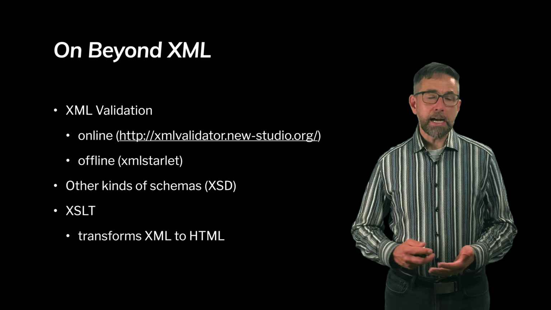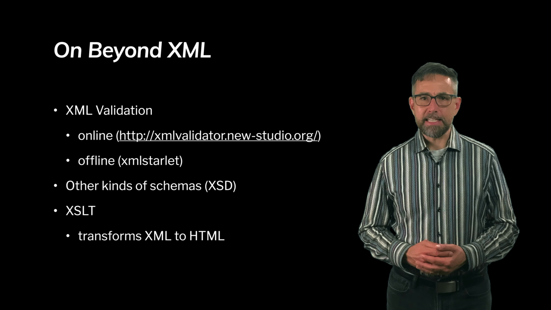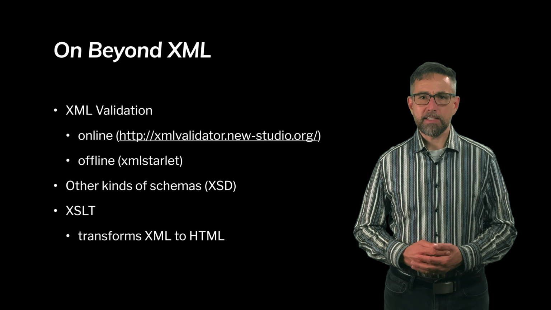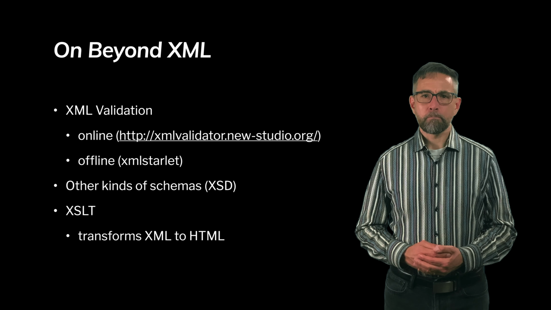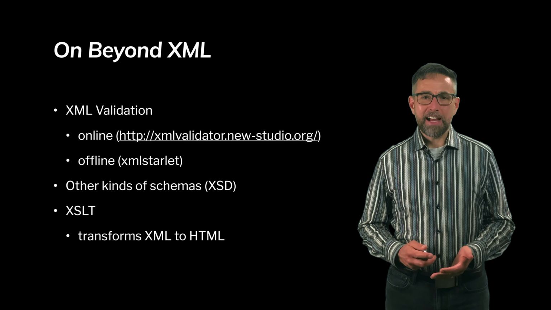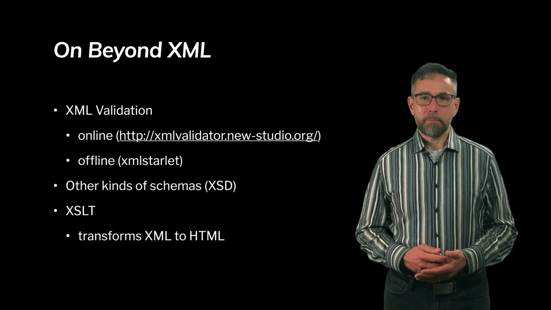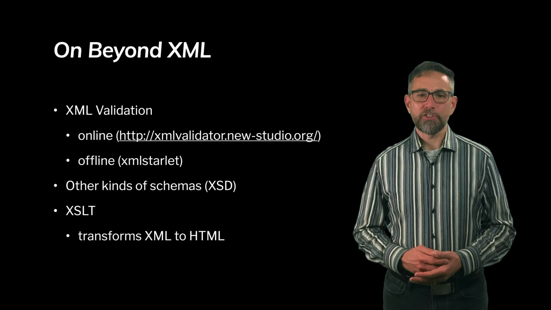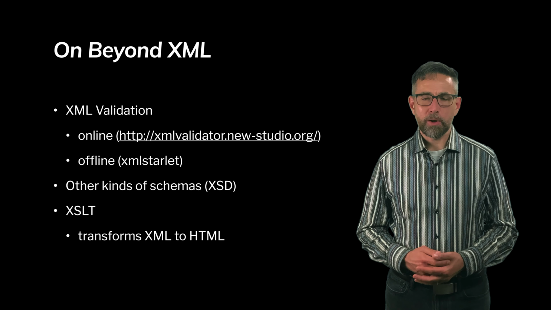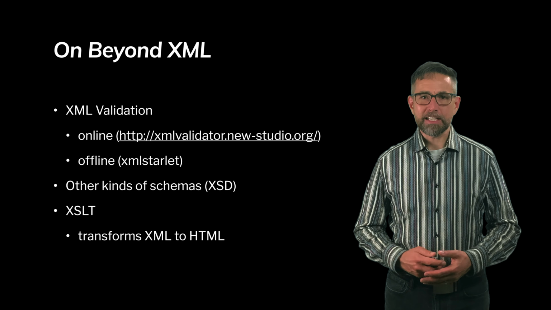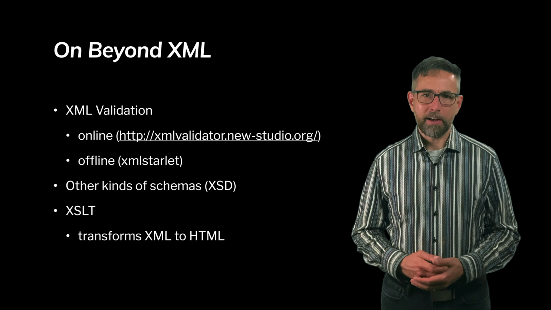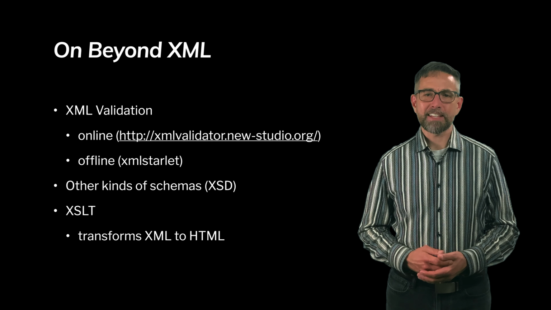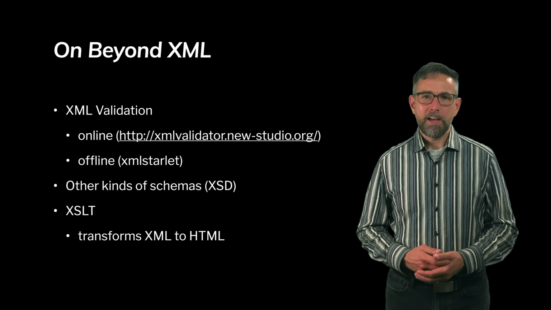There are also other kinds of schemas besides DTDs. There's one called XSLT, for example. It doesn't have to look like our DTD. One of the more interesting kinds of things that you can do with XML is called XSLT. This is a transformation language, and I'll be honest, for about 6 months when I was at grad school, I got lost down a rabbit hole of trying to understand XSLT in greater depth.